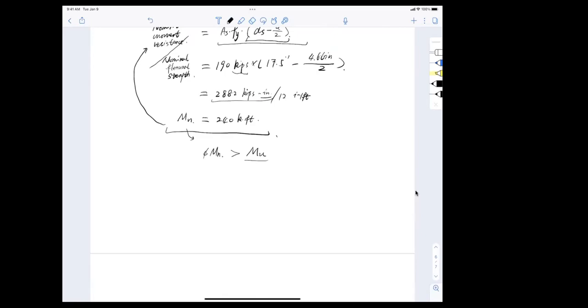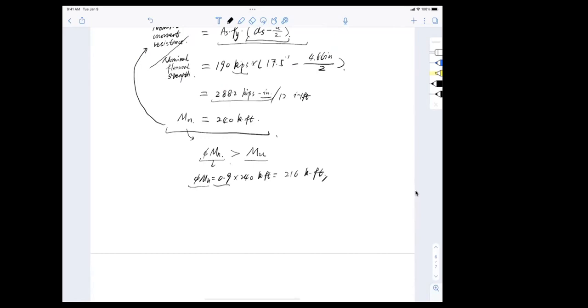It's not that complicated. All my questions are simple. So that's what we need to do: find out the reduced moment capacity. So the reduced moment capacity equals phi Mn equals 0.9 multiplied by 240 kip-feet. So I'm going to save you the trouble: 216 kip-feet.